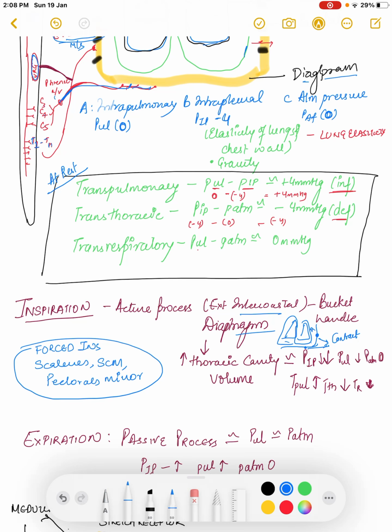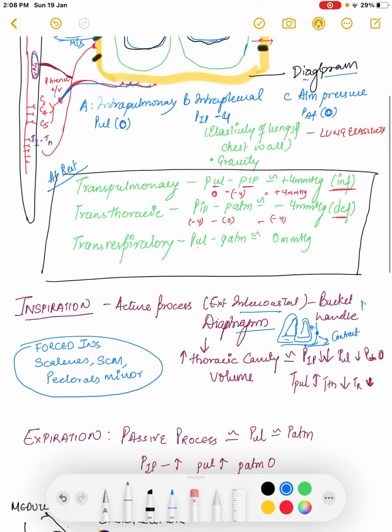According to Boyle's law, if volume increases, pressure decreases. So the intrapleural pressure decreases.